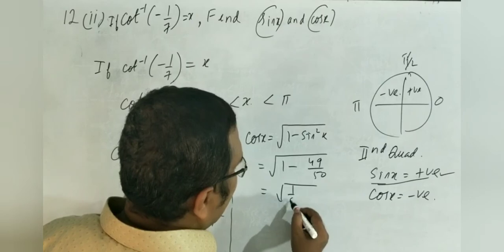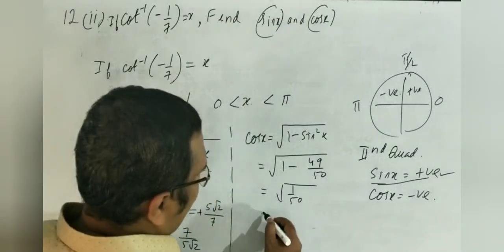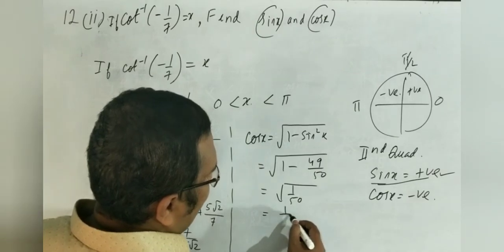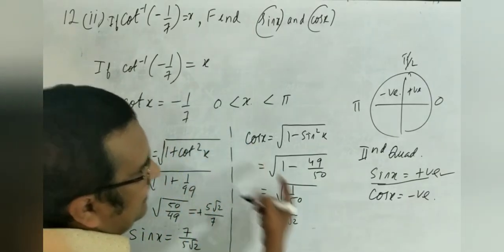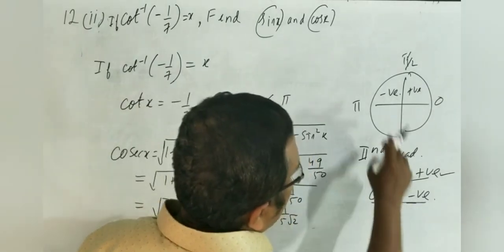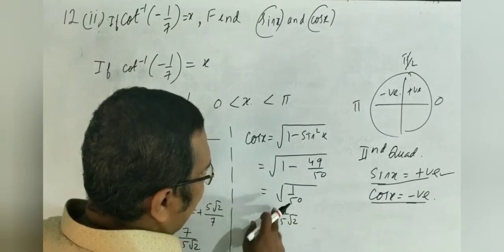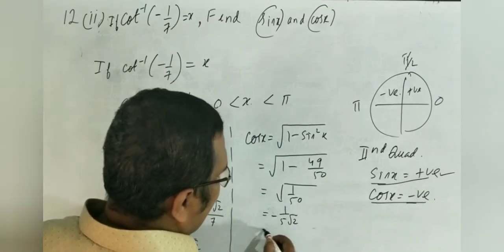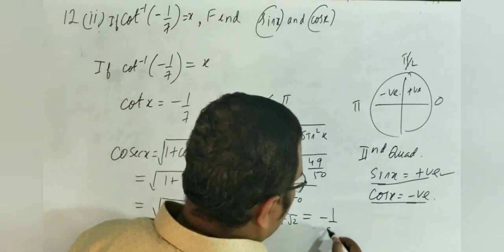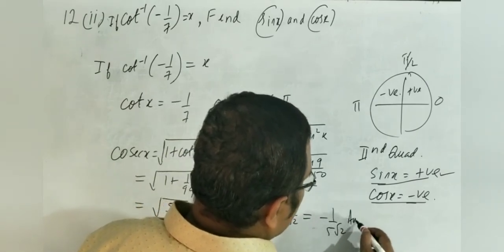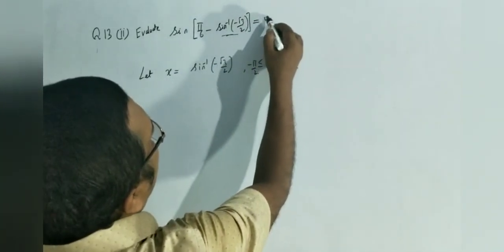It is 1 by 50 or 1 by 5 root 2. Now cos x in the second quadrant is negative. So what I do? I remove plus sign. Answer is minus 1 by 5 root 2. This is the answer. I take this as y.